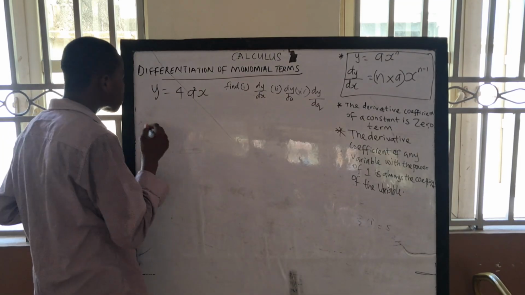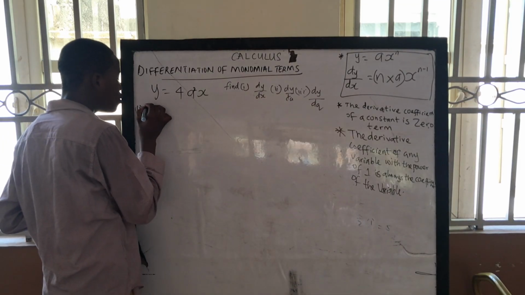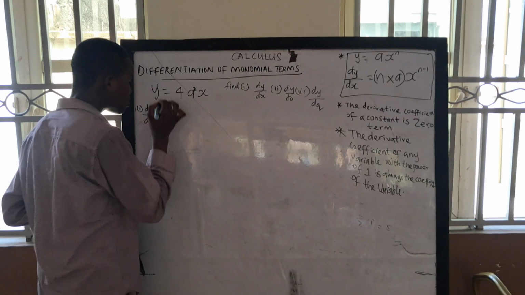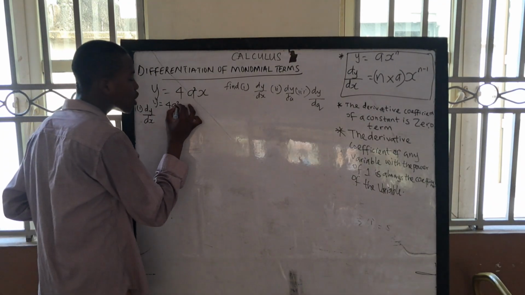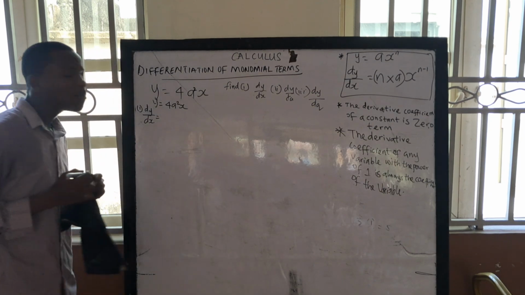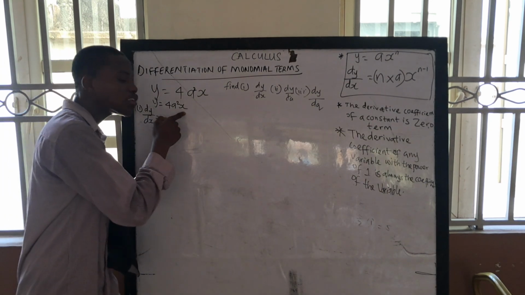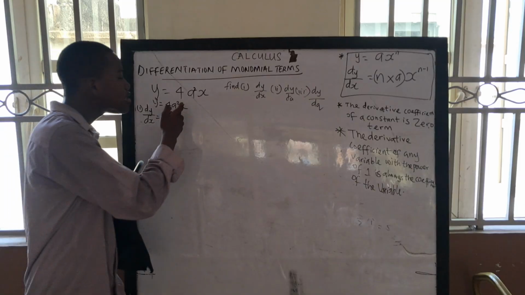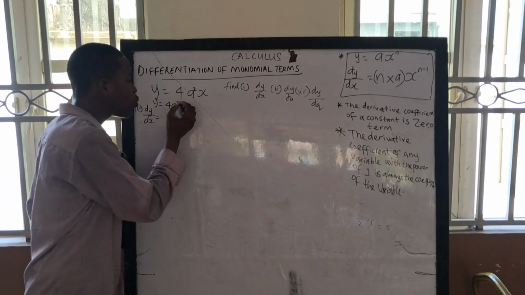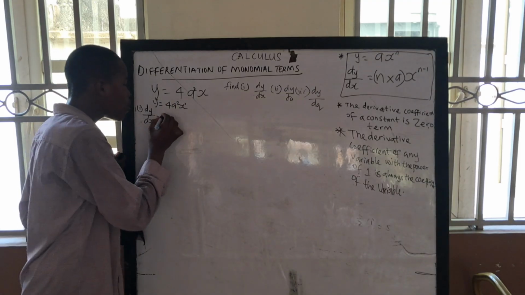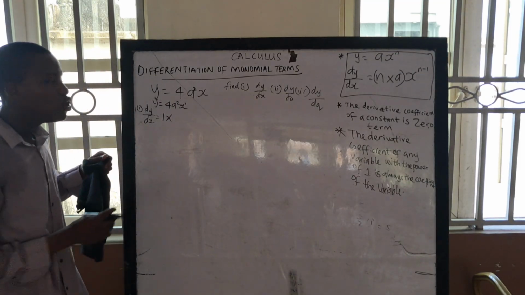In this question, the first asks me to find dy dx. I know my function is y equals 4a squared x. Now if I'm differentiating y with respect to x, recall it is the power of my x I will use to multiply this. So I'm having 1 times the coefficient of x.